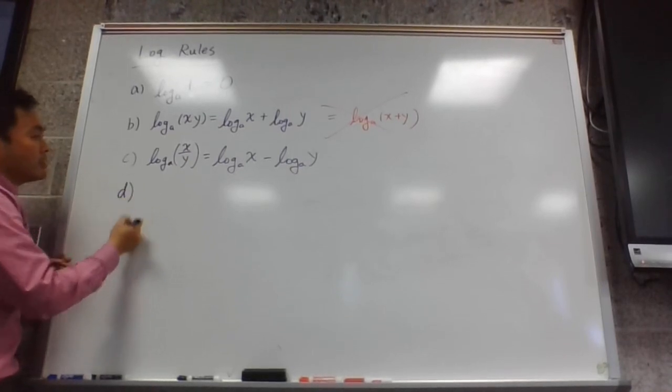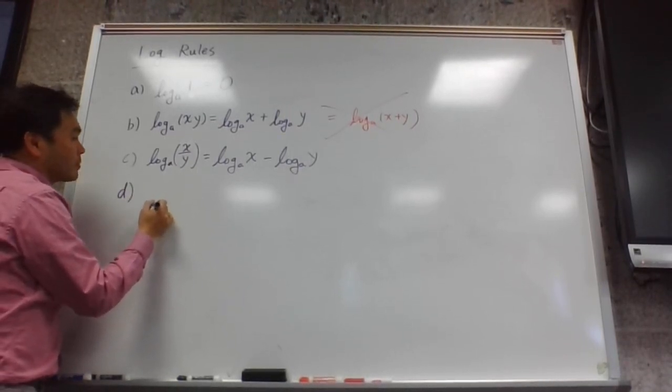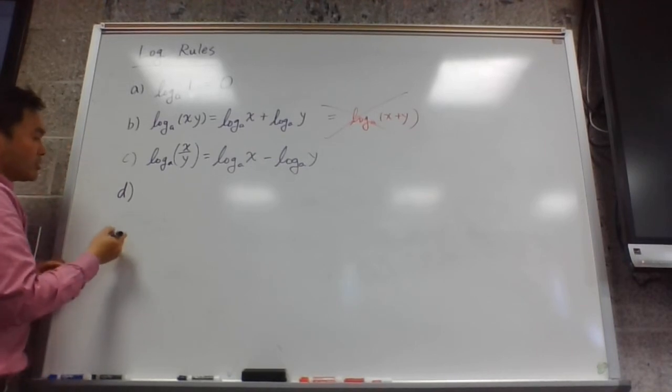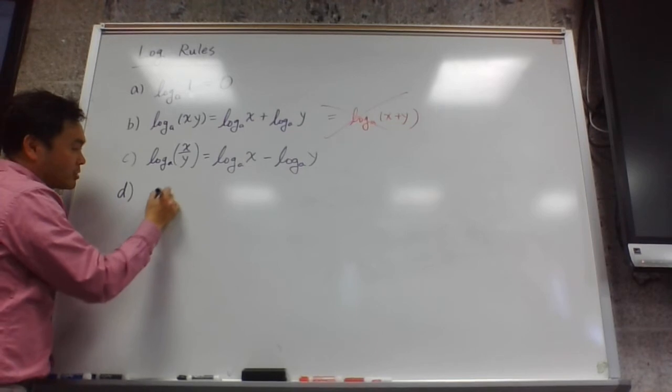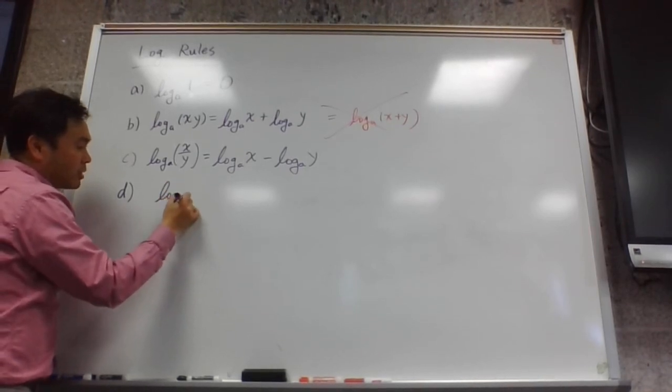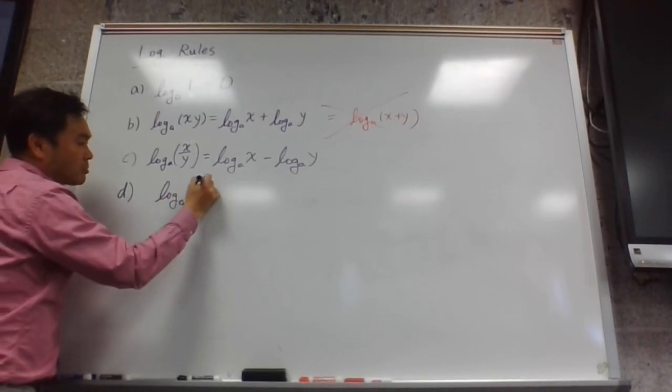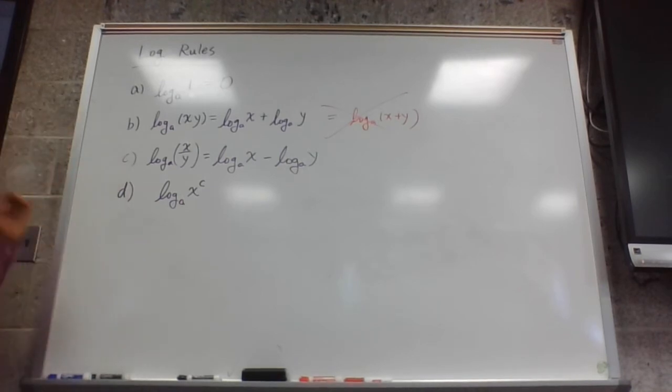And D, so there are two more weird rules. The first thing is log A of x to some constant c, some exponent.